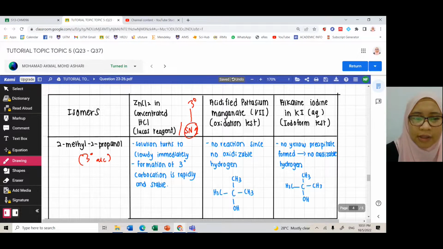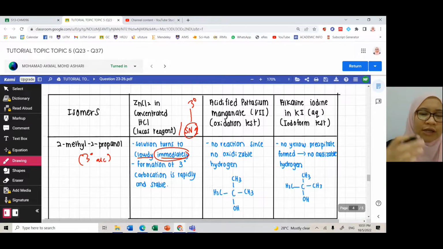So what will happen when this 2-methyl-2-propanol reacts with this Lucas reagent? So it will turn the solution cloudy immediately. Immediately ni you kena mention. You don't just simply say the solution turns cloudy, because for tertiary and secondary, both also will form cloudiness.